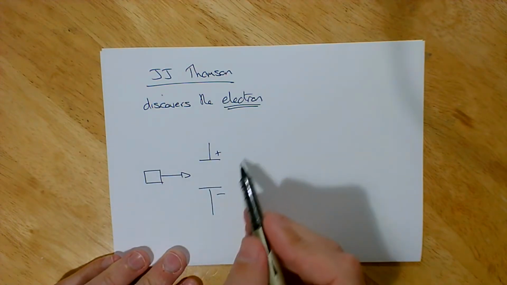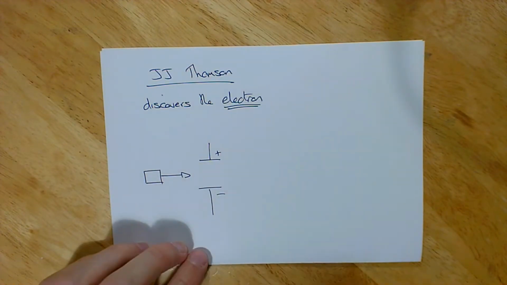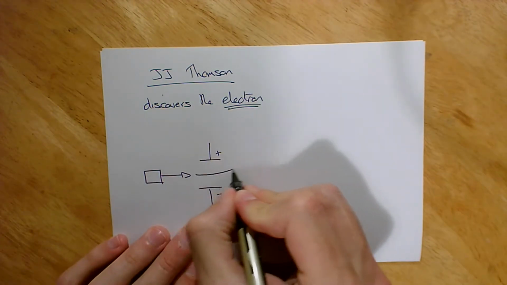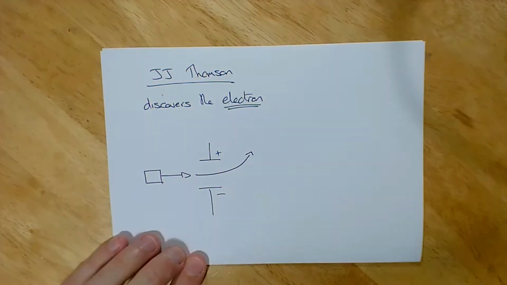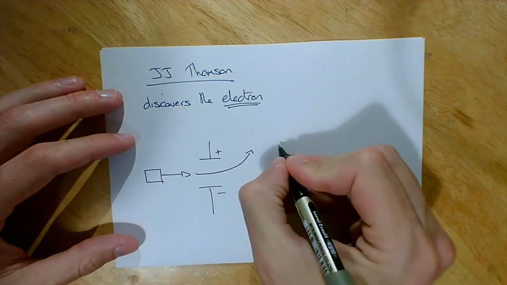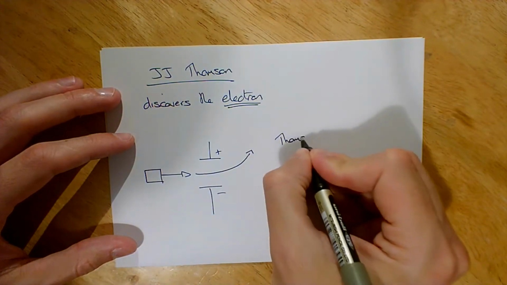How much they deflected depended on their mass. So what he discovered was a particle that deflected nearly 2,000 times more than the lightest known particle at the time, hydrogen.